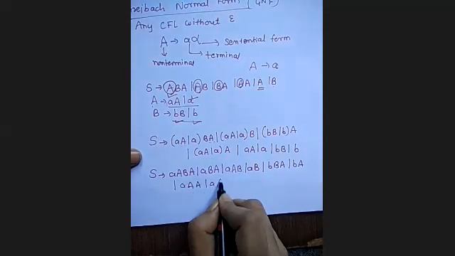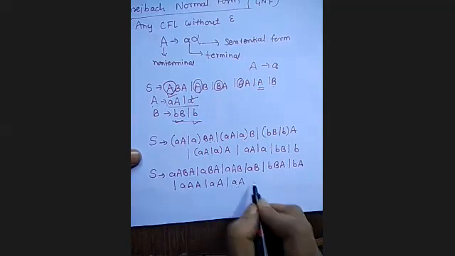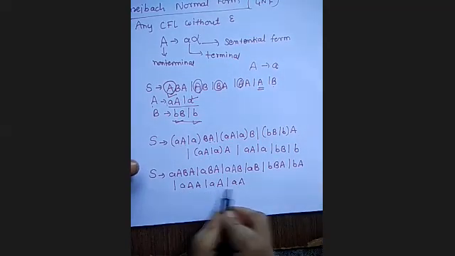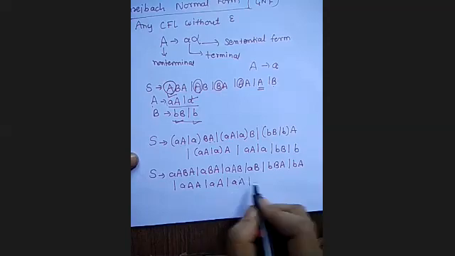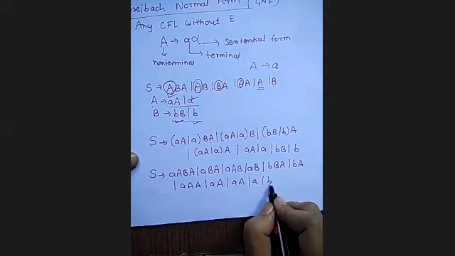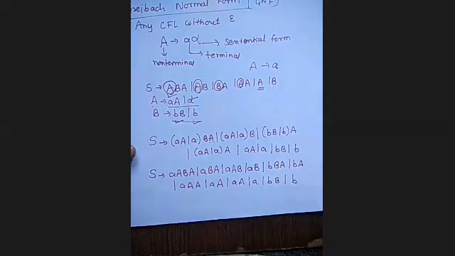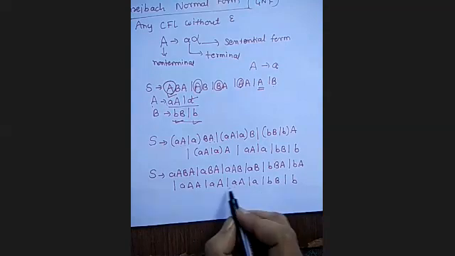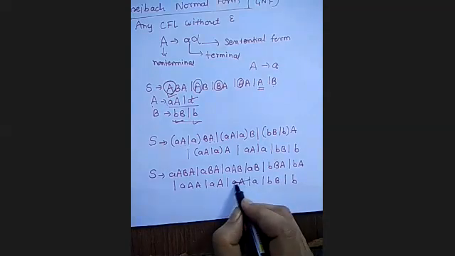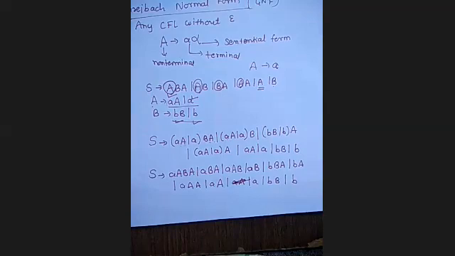If a production is repeated, no need to write it again. AA comes twice, so I'll write it only once. Remove this. Yes, it is correct now.